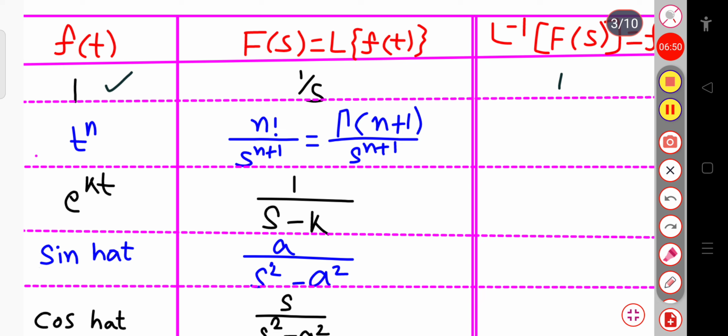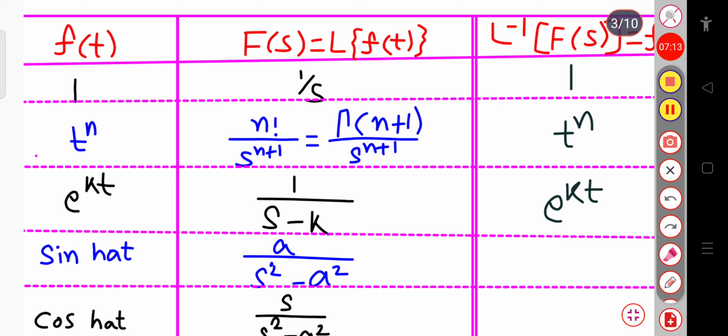Similarly, the Laplace inverse of n factorial divided by s power n plus 1, or gamma of n plus 1 divided by s power n plus 1, gives t power n. And the Laplace inverse of 1 by s minus k is exponential kt.